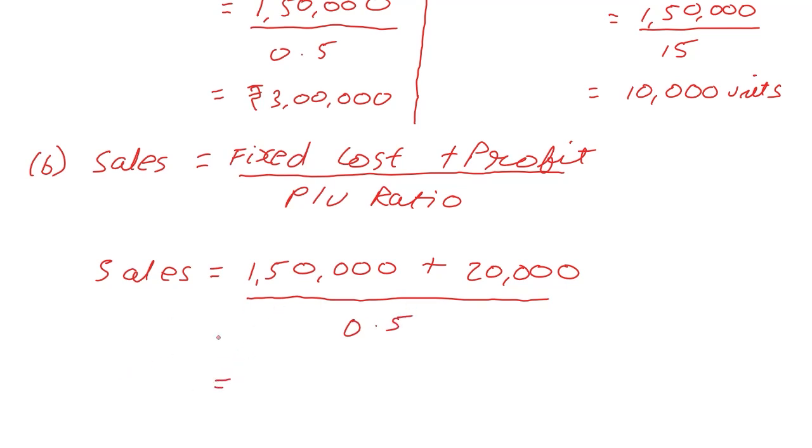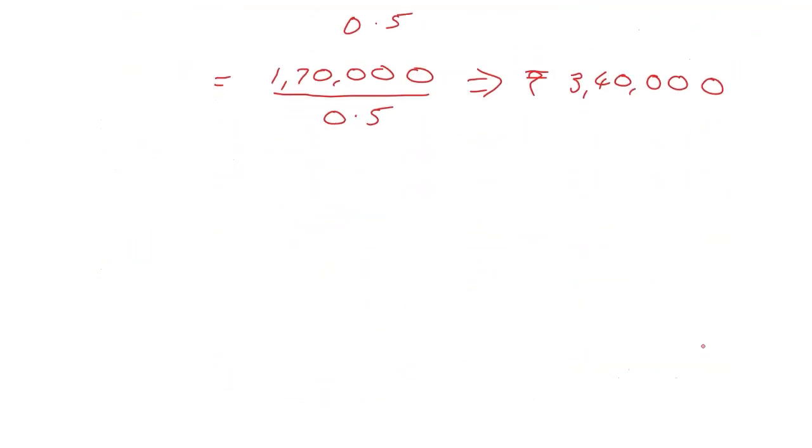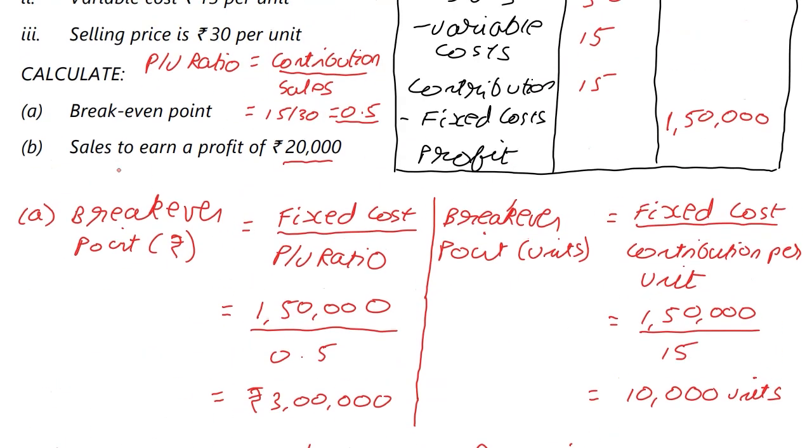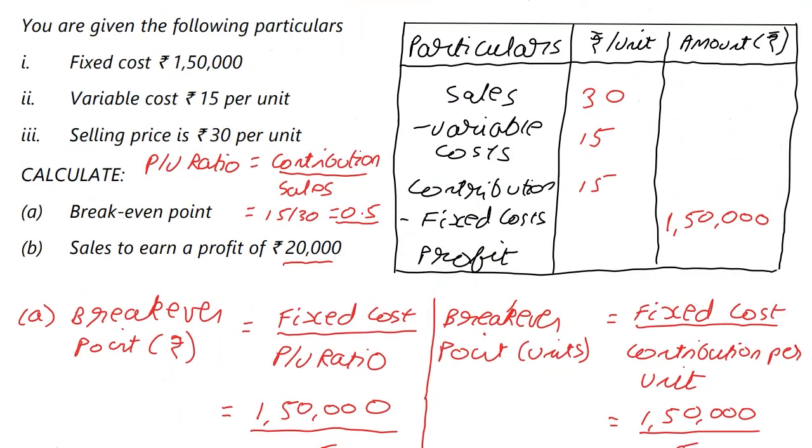Sales is going to be 1,50,000 plus 20,000, which is 1,70,000 upon 0.5, which should give us rupees 3 lakh 40,000. Therefore, sales to earn a profit of 20,000 is 3 lakh 40,000. So we are done with part A and B.